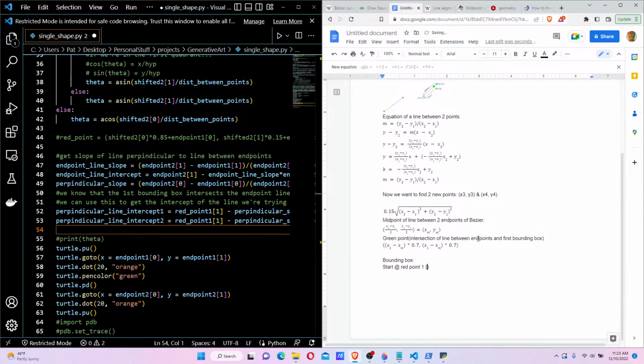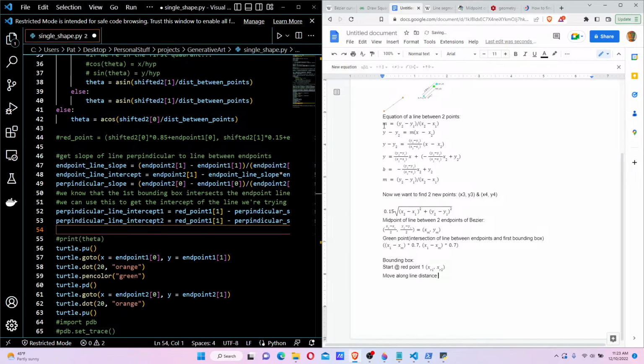So x, okay, equation, and red point 1 looks like this: x sub r1, comma y sub r1. So that's the first red point. Move along line, distance.